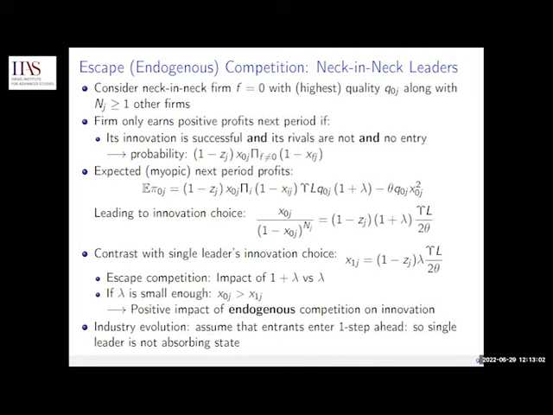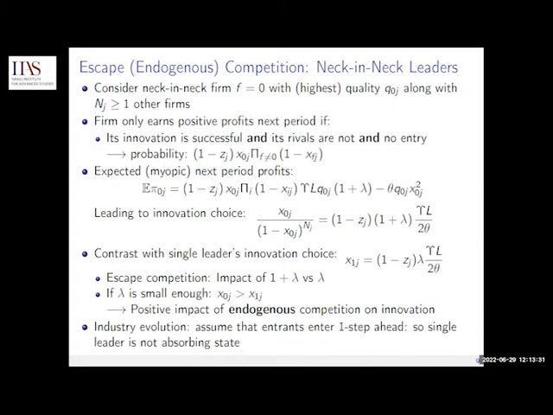But what you can show is for any NJ, I can find a parameter configuration that is going to lead to higher innovation by the neck and neck firm than by the leader. And this is highlighting what I'm calling this Arrow replacement or escape competition effect.